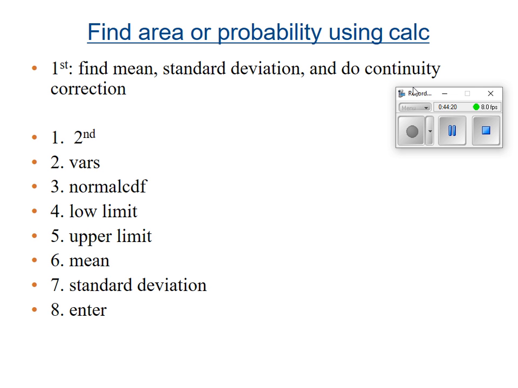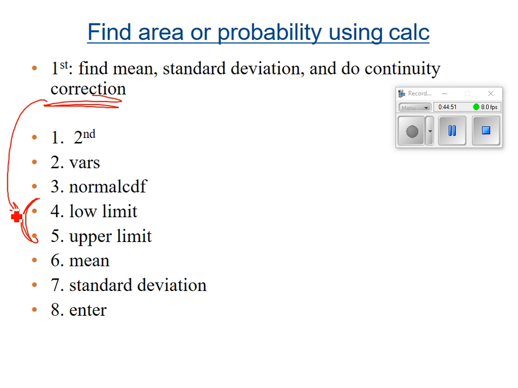So we're changing all this into normal. So doing the normal CDF. So your second bar is normal, low limit, upper limit. On your upper limit and low limit, you got to make sure that you do that correction if need be for this certain problem. Mean, remember, if we're setting it up using the binomial stuff, then the mean is n times p.